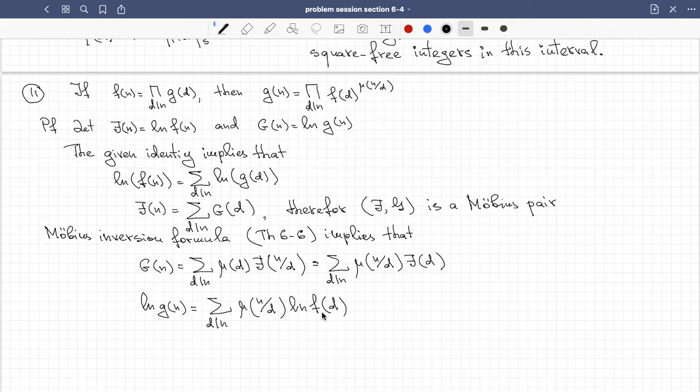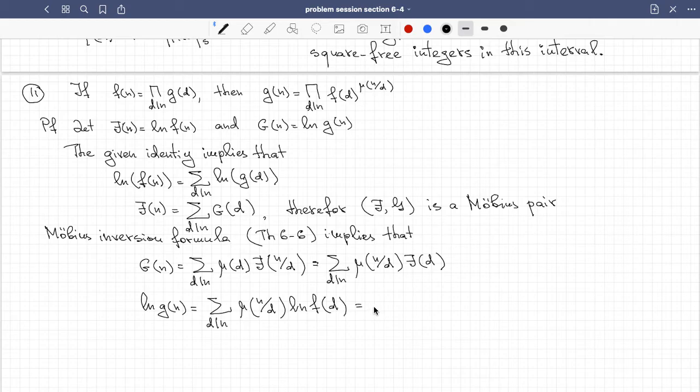Mu times logarithm is going to be logarithm of f to this power, so let me rewrite it this way. And moreover, sum of logarithms is logarithm of product.